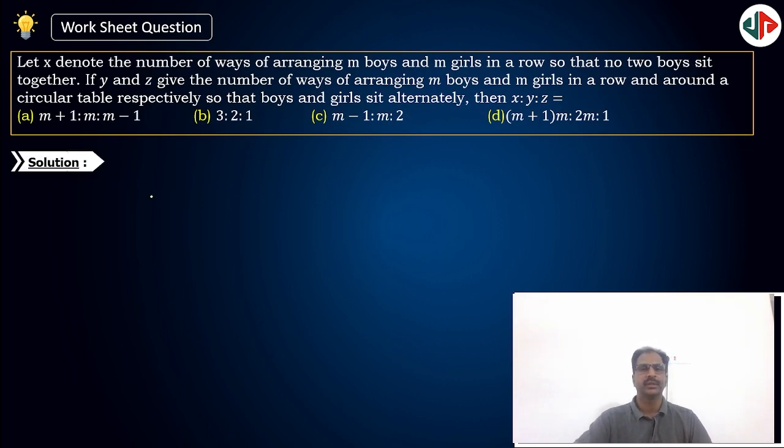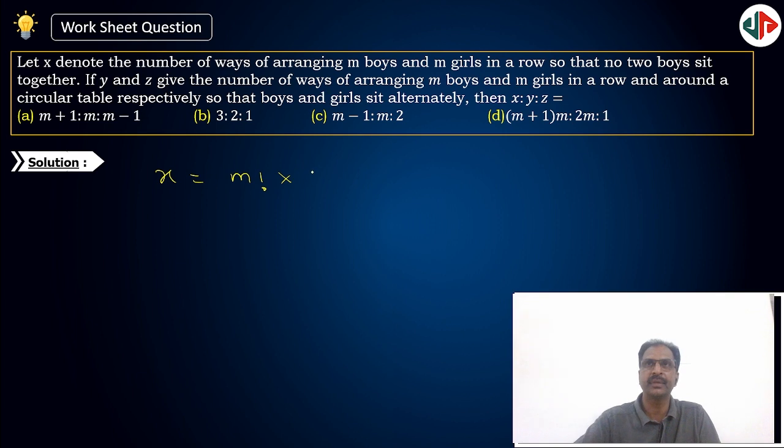Next, X denotes the number of ways of arranging M boys and M girls in a row so that no two boys sit together. Since the condition is on boys, first you have to arrange girls. M girls can be arranged in M factorial ways. No two boys should sit together means you have to arrange boys in between the girls. First arrange M girls.